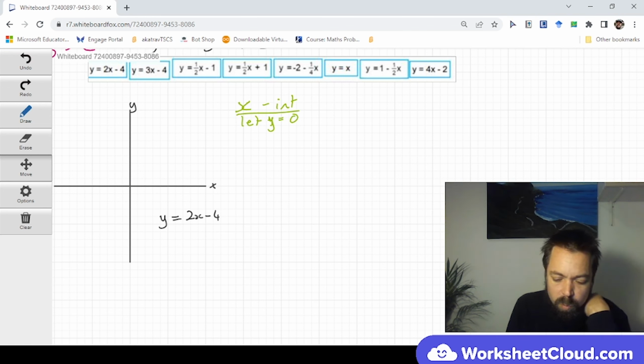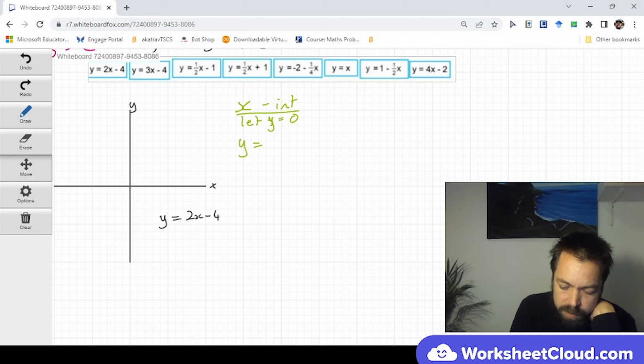Okay, I've got my equation, y equals 2x minus 4, and I'm going to let y equal 0. So in other words, 0 equals 2x minus 4. Next step, let's get rid of the 4. I'm going to add 4 and add 4. So I'm left with 4 is equal to 2x, because those two cancel each other out.